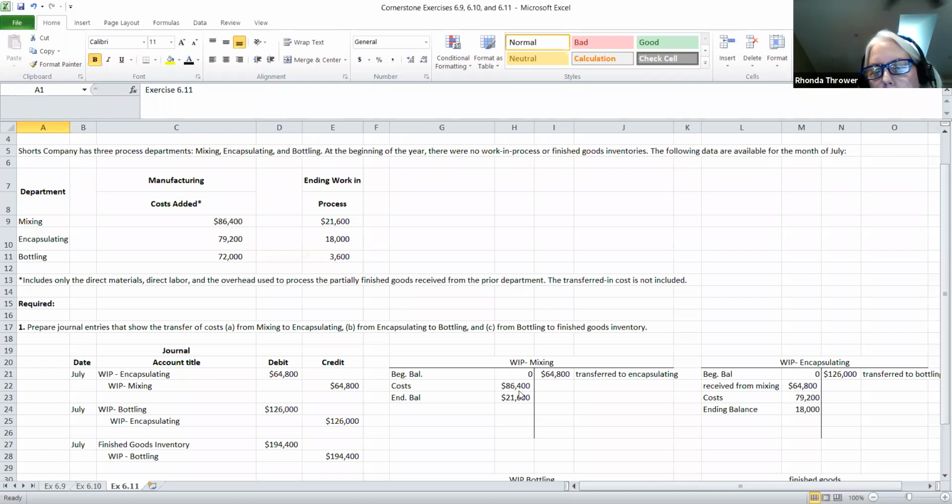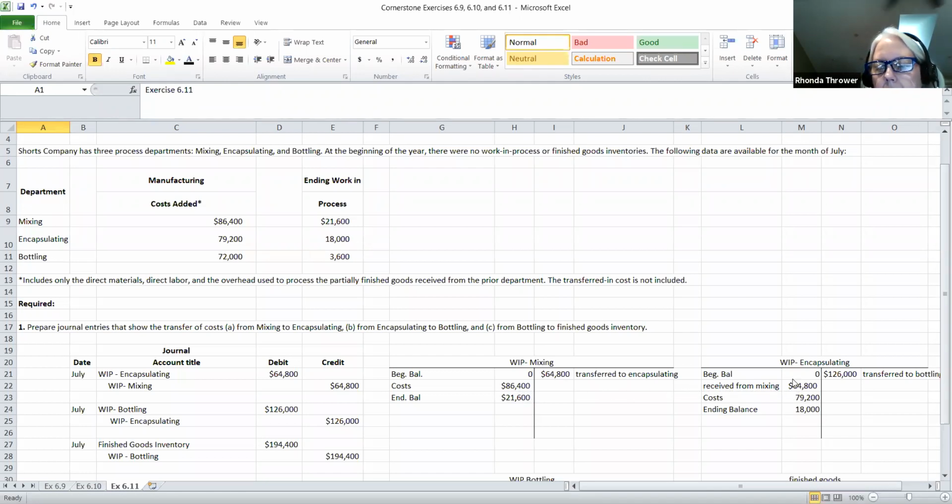So if we know what our costs were and we know what the ending balance is, we can subtract the ending balance from the cost, and that will give us what we transferred to the encapsulating department. So from the mixing department, we transferred to the encapsulating department this $64,800.